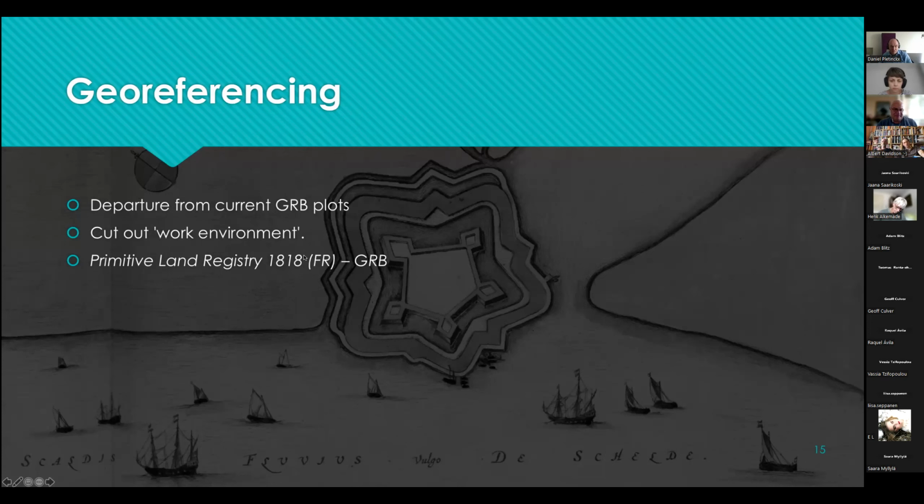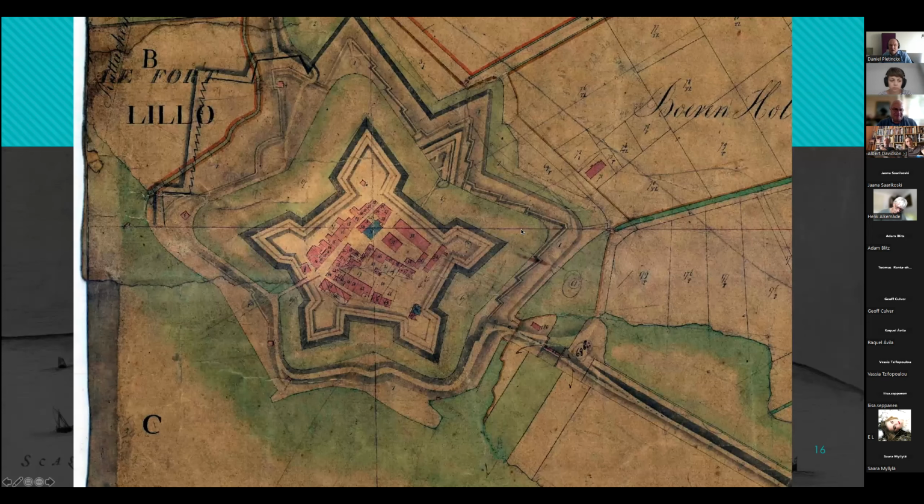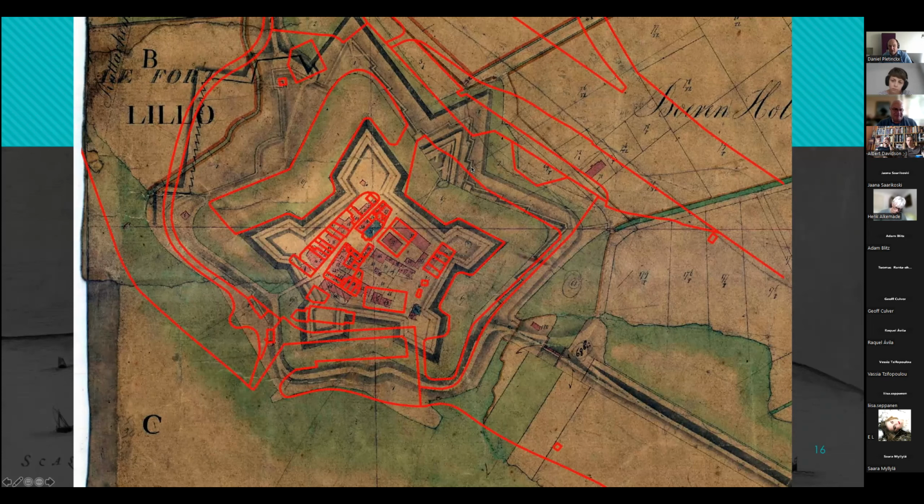They only started to do things like that in the beginning of the 19th century, and try to map that. And of course, the youngest military maps that we have from Lillo are from the beginning of the 19th century. So they are useful to then also put that cadastre information on top of that.